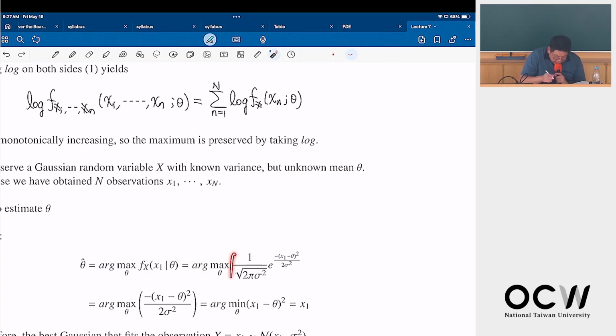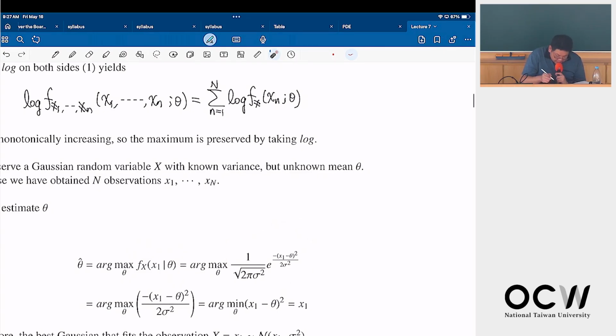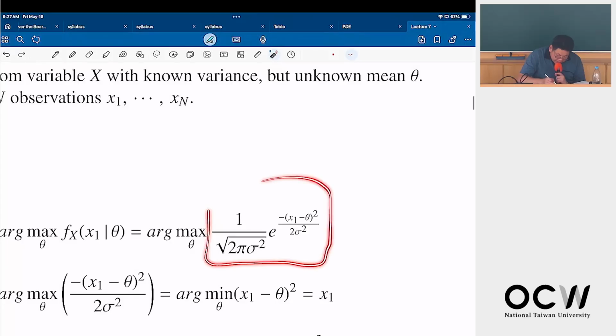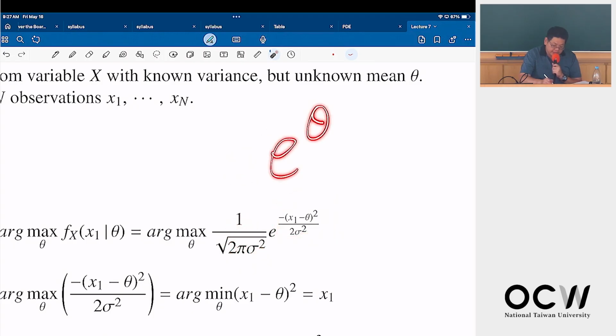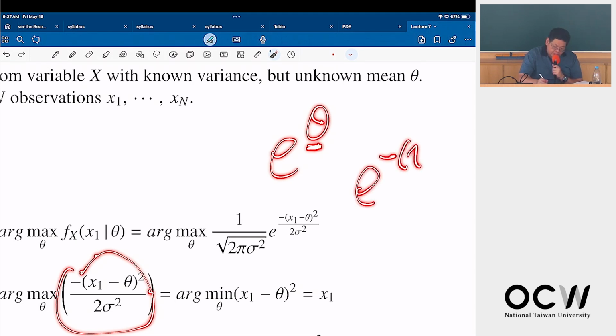We need to maximize this exponential part. Since it is e to the minus (x minus theta) squared, I have a minus sign.